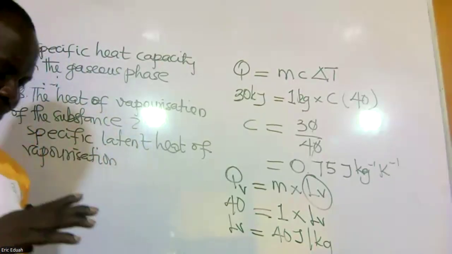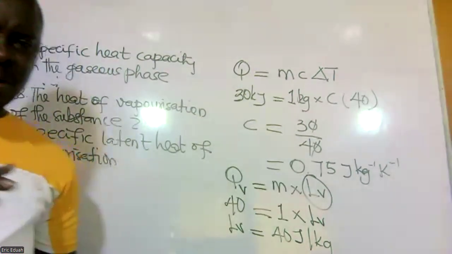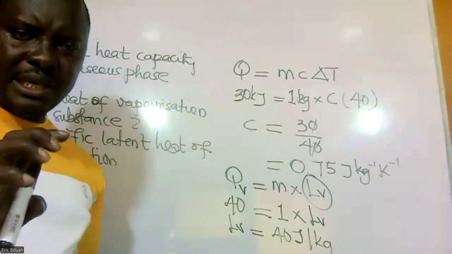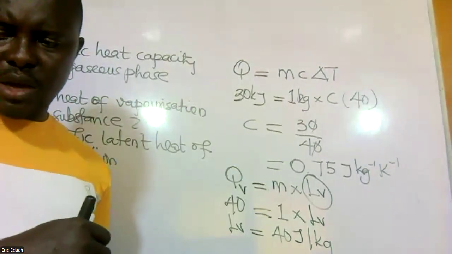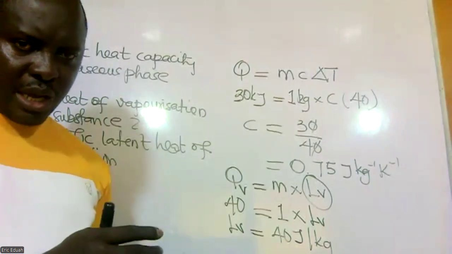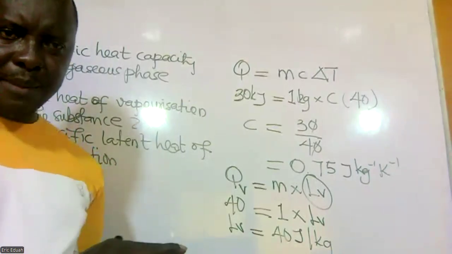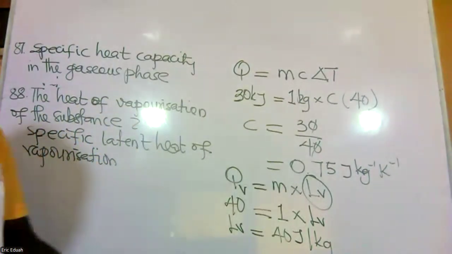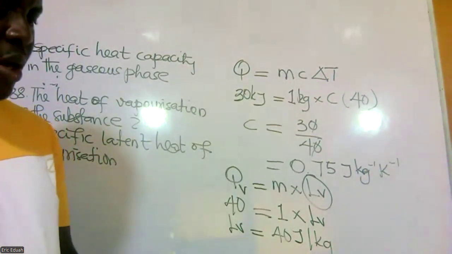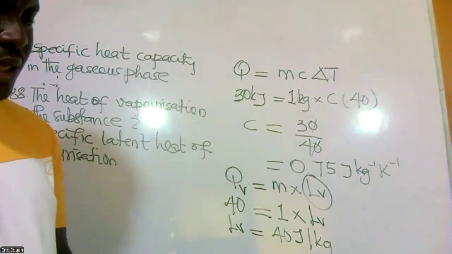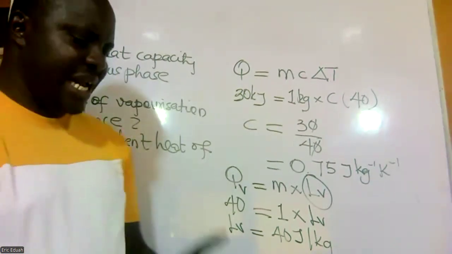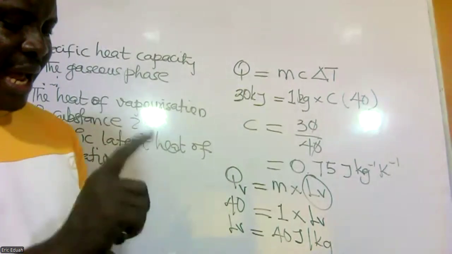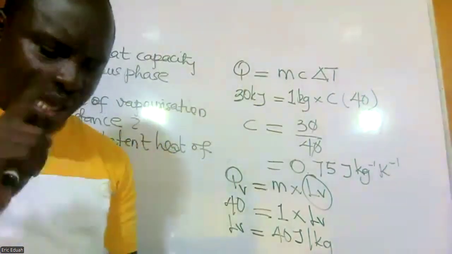And this is the amount of heat energy that is required to change 1 kilogram mass from liquid to vapor. Now, on the graph, where do we look? We are plotting temperature against total energy. Where do we identify the energy used? The energy used is the horizontal.